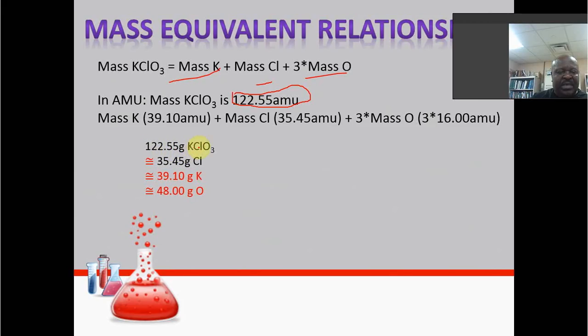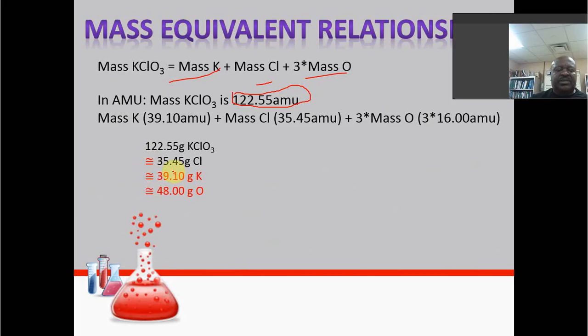122.55 AMU KClO3 is equivalent to 35.45 AMU of chlorine, and similar for the others. But as you know from the definition of moles, we can convert from AMU into grams. So 122.55 grams of KClO3 contains 35.45 grams of Cl, but we'll write this as an equivalent relationship.